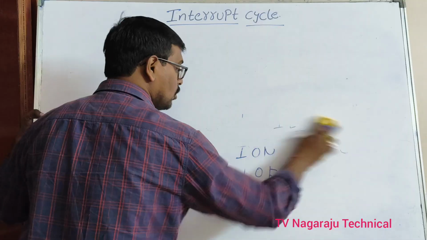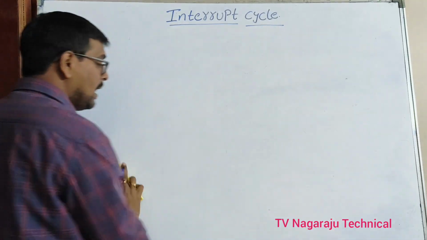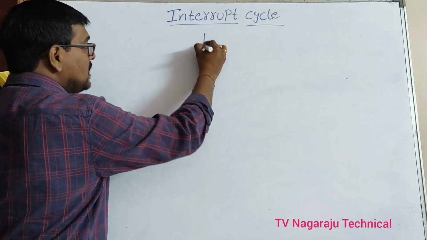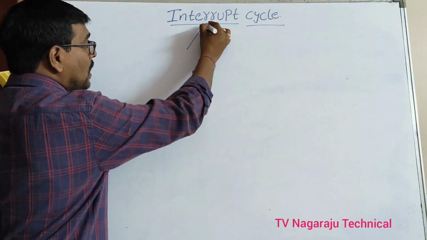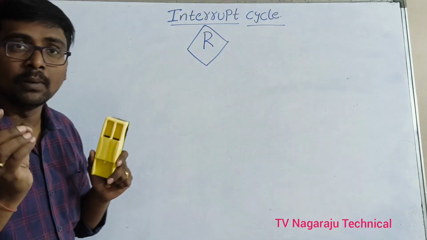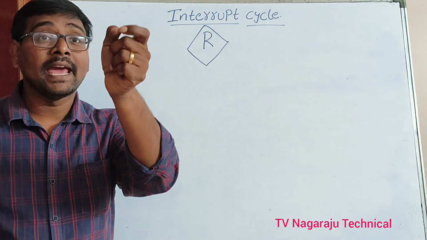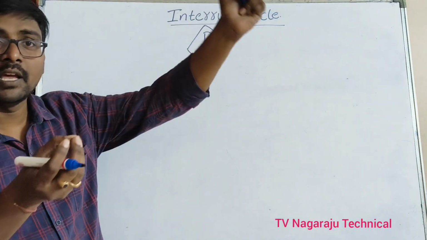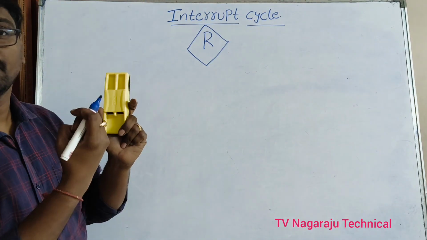Now move to the interrupt cycle. Like IEN, the CPU has one flip-flop, named R. That flip-flop is an interrupt flip-flop. Suppose I am sending some information, there is one variable to receive the information.